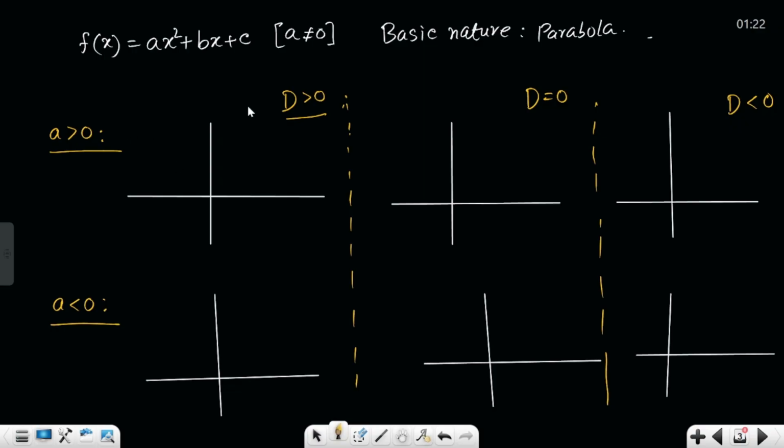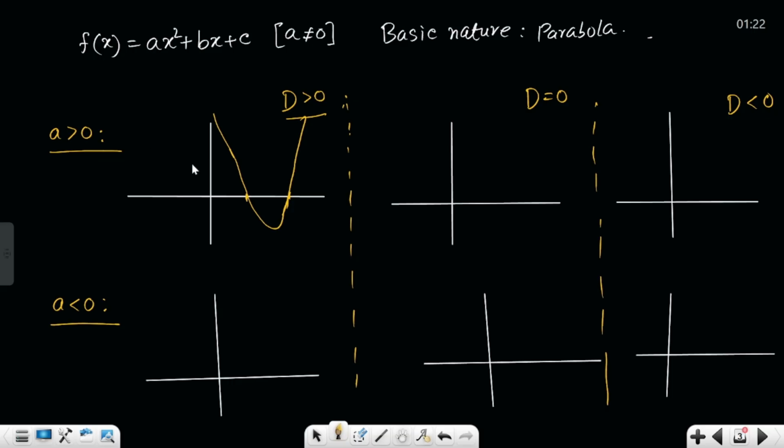So the graph will cut the x-axis 2 times. Let us take the roots to be here and here. The graph will be something like this. I cannot draw perfectly, but you can understand.